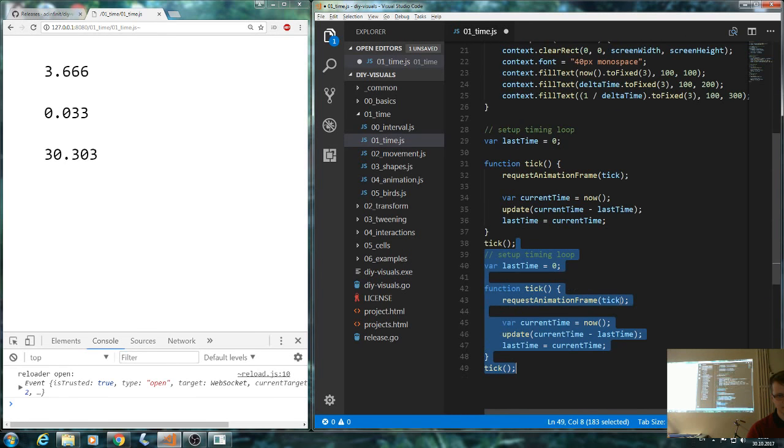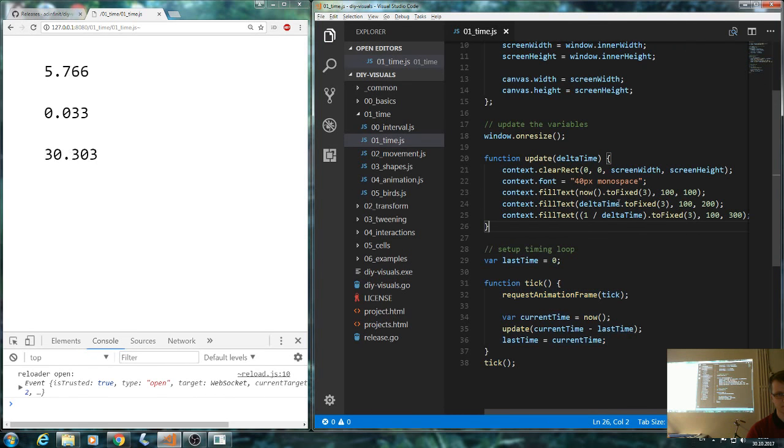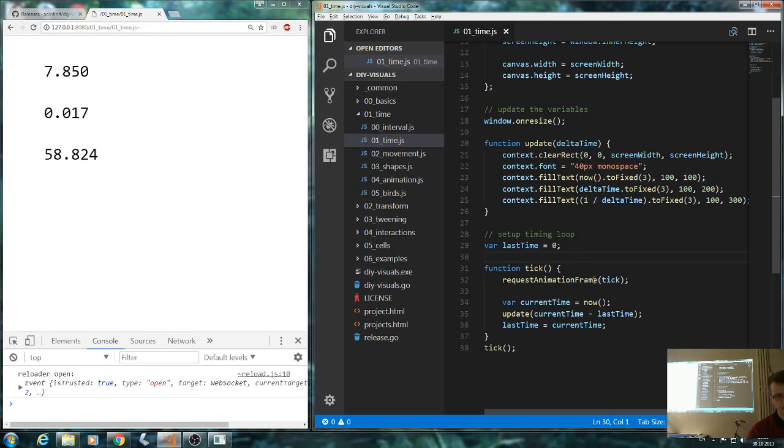Here we say that yes, we want to draw a frame in the browser, and then we also want to get the actual time, how much has elapsed since the last frame.